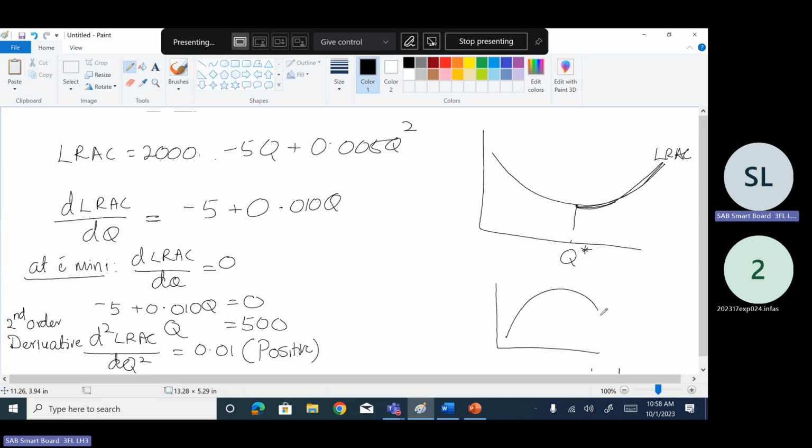If it is the maximum point, after that it becomes negative. This is positive, and this is negative. If the second order derivative is negative, that means maximum.